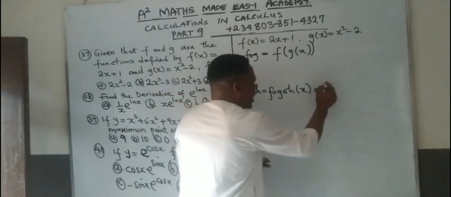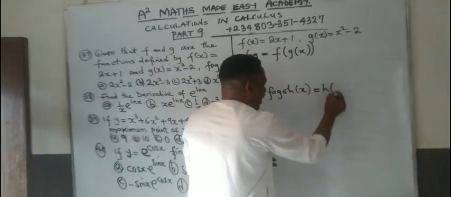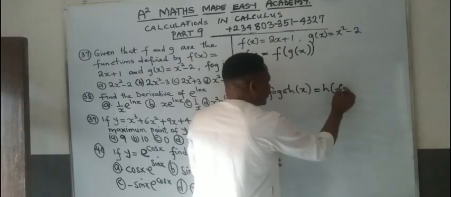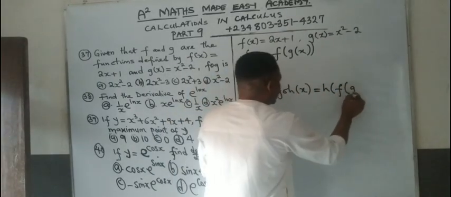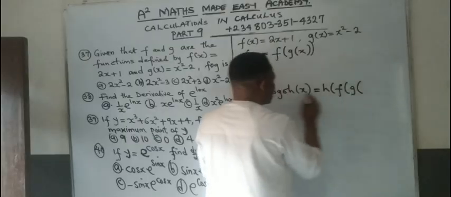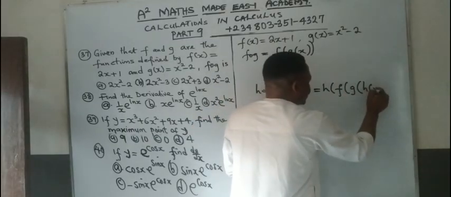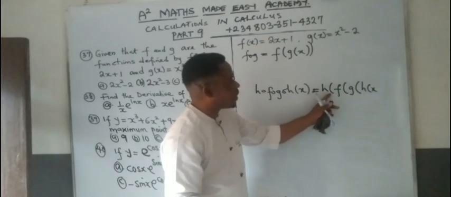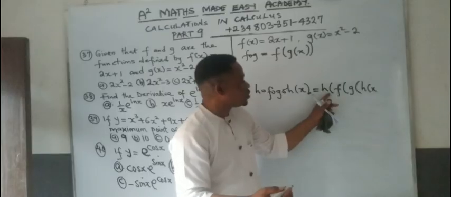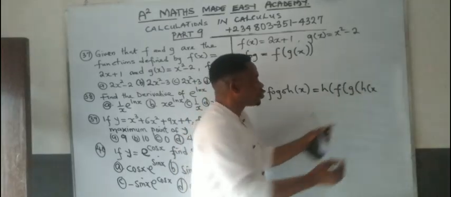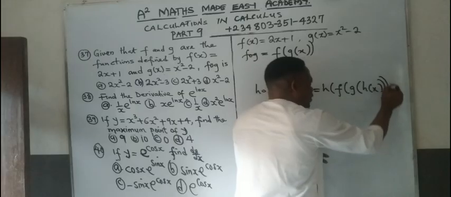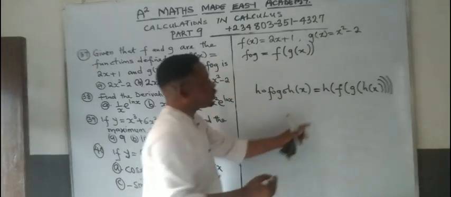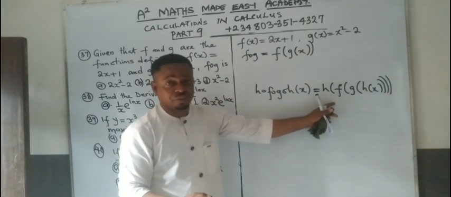I will start with h, then o means bracket, followed by f, o means bracket, followed by g, o means bracket, followed by h of x. Can we count the number of brackets that exist here? Let's count: 1, 2, 3, 4. So we are going to close it with 1, 2, 3, and 4. And this is what we call composition of functions.